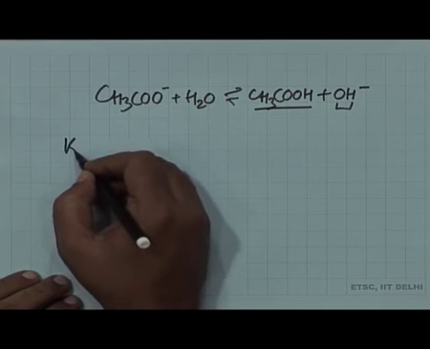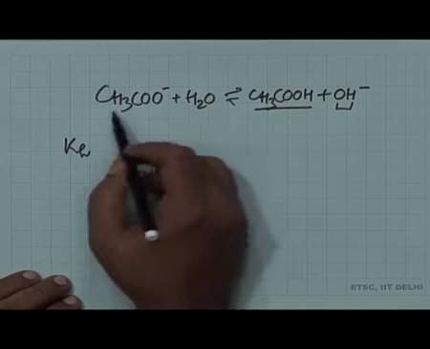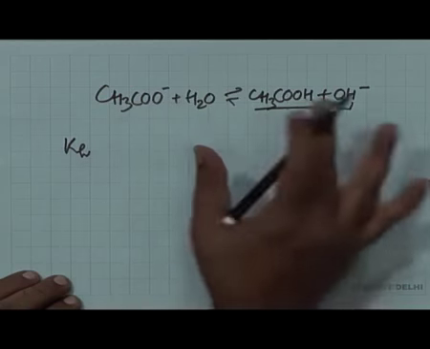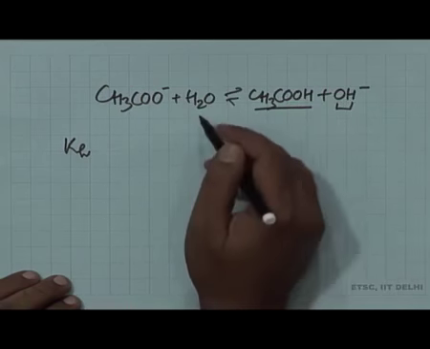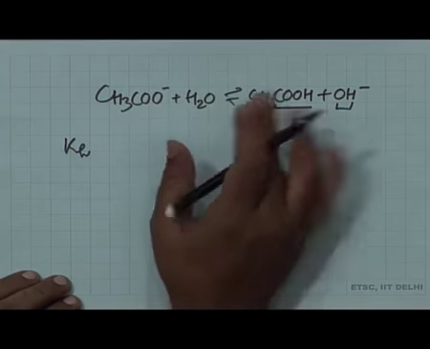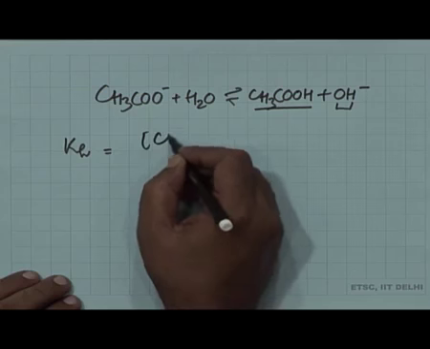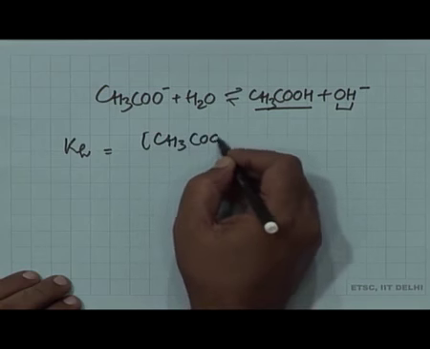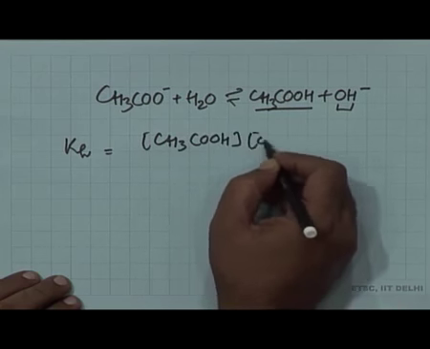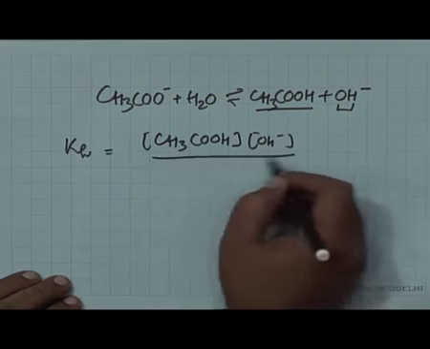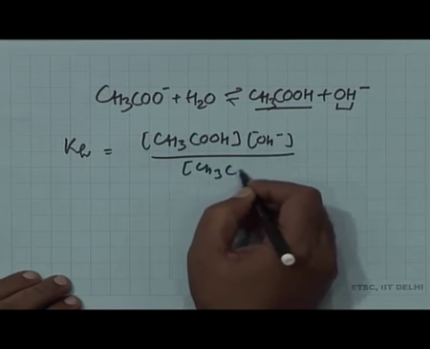So, let us write Kh, which is the hydrolysis constant. The equilibrium constant for this reaction is called Kh, since this is a hydrolysis of your salt. So, Kh is equal to CH3COOH into OH minus divided by CH3COO minus.